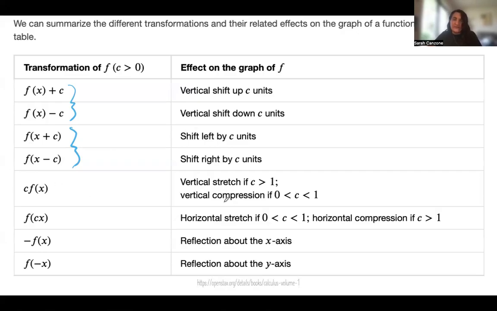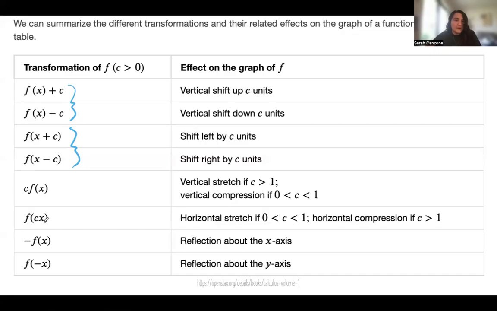You don't need to know these specific terms. Frankly, I don't even remember which one is a stretch versus a compression. So just know how to actually do the algebra. If you see c times f of x, multiply all of your y values by c. If you see a c inside, then this is the same idea that I mentioned. It's doing the opposite of what you would expect.